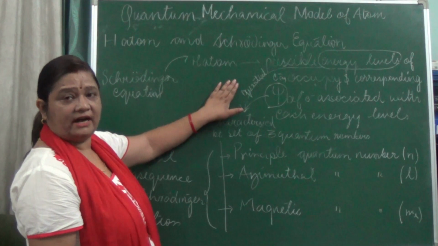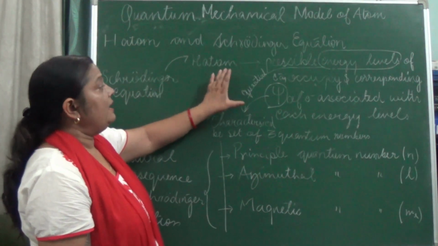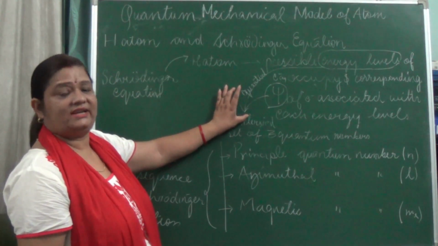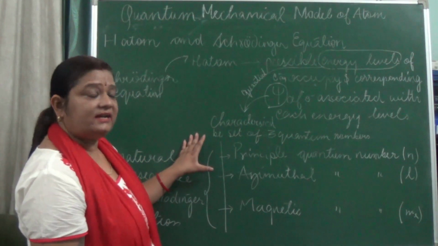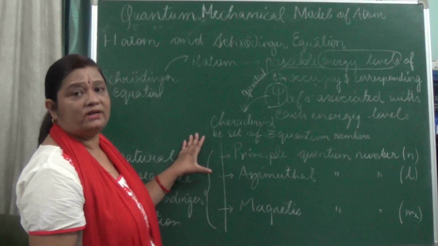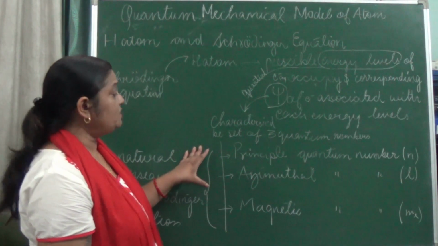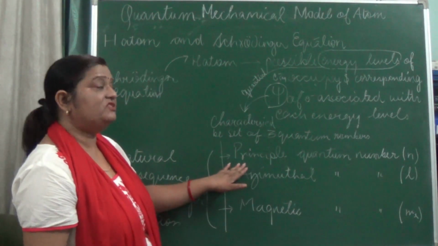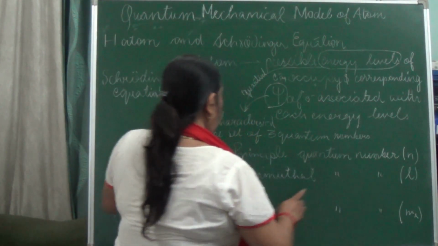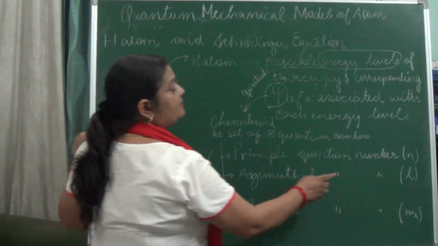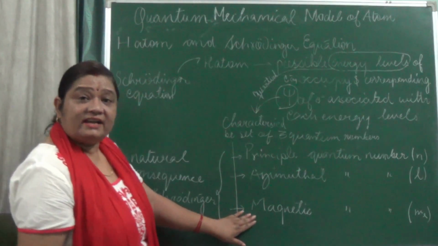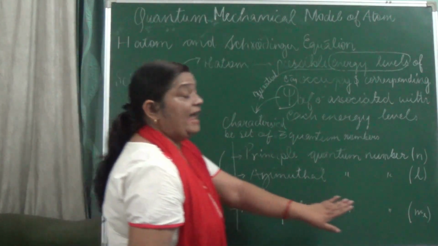With this, and with the quantized theory of Bohr that we have studied, he took both into consideration and characterized a set of three quantum numbers: the principal quantum number, represented by small n, the azimuthal quantum number, represented by small l, and the magnetic quantum number, that is m l.